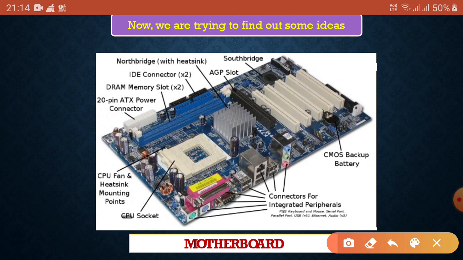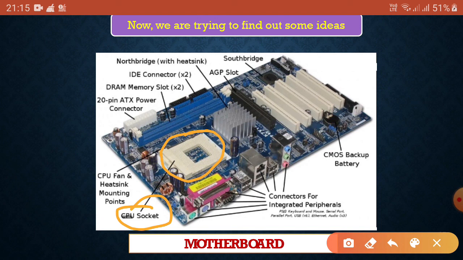On this board are all the important chips, slots and parts. This part is called the CPU socket. You know what a CPU is, the Central Processing Unit. So this socket holds the CPU.